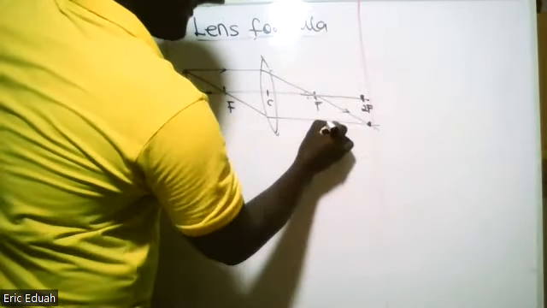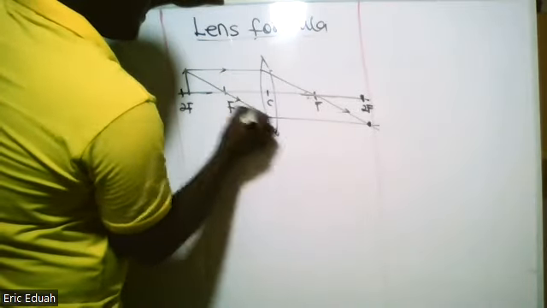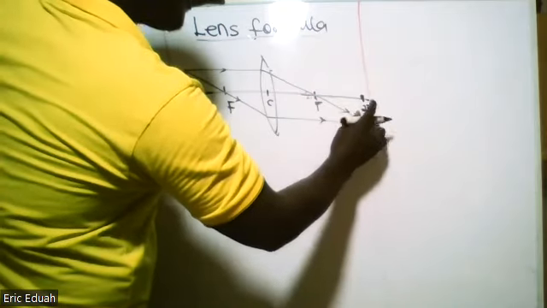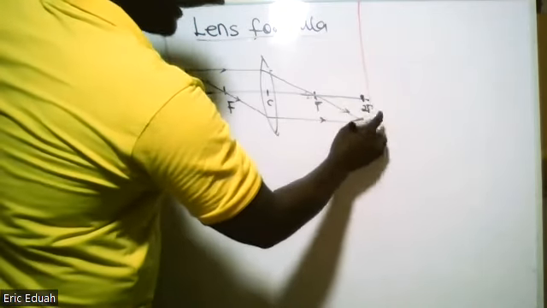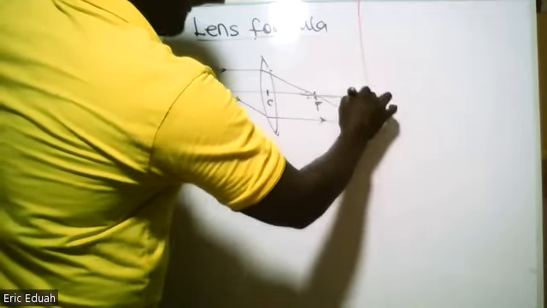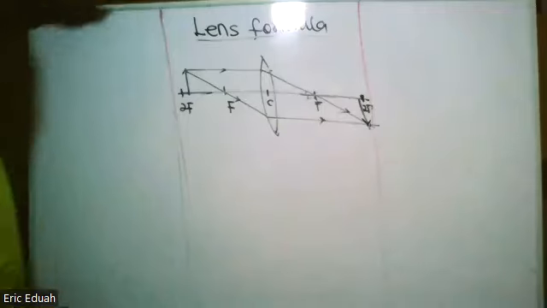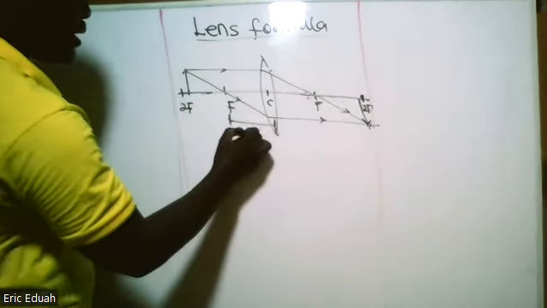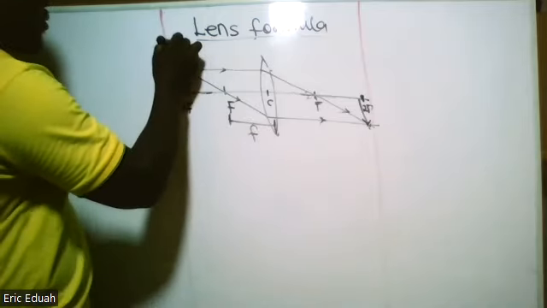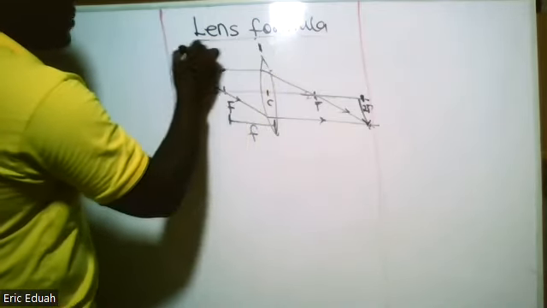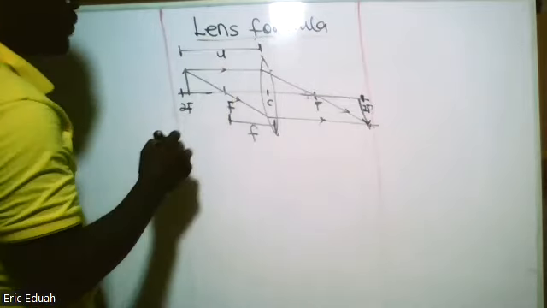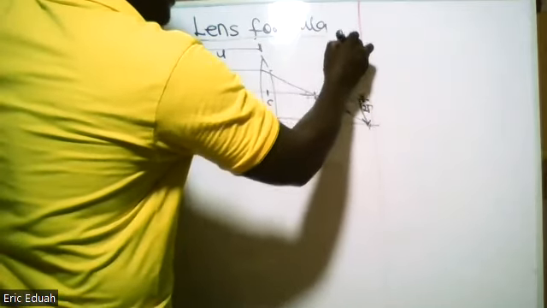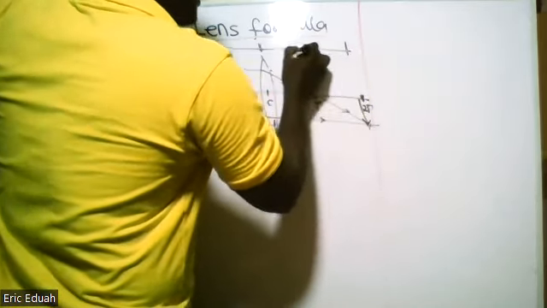So this is where the two refracted rays meet, and so an image is formed. It isn't formed at F, but because I'm only using freehand, that is why it looks like that. Don't forget, from here to this point is the focal length. From this point to this point is the object distance, U. From the lens to where the image is, the image distance, V.